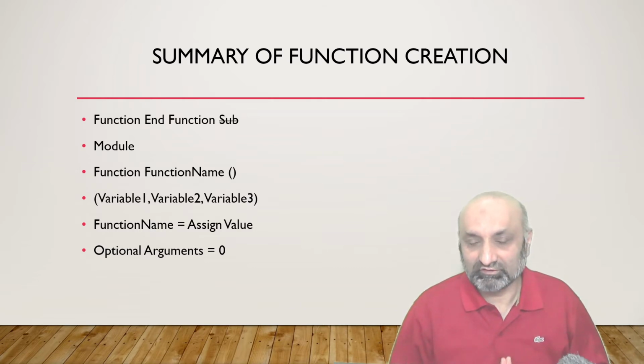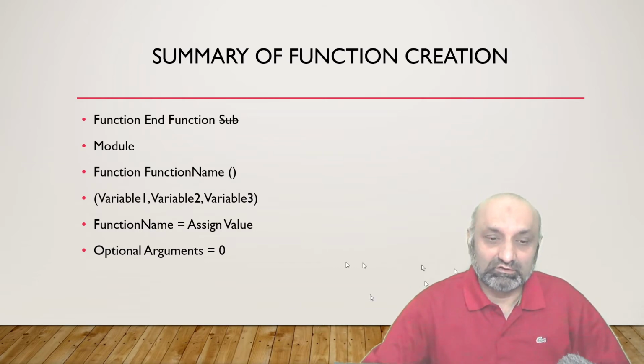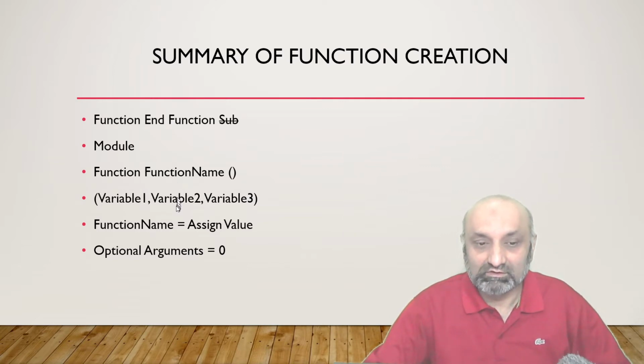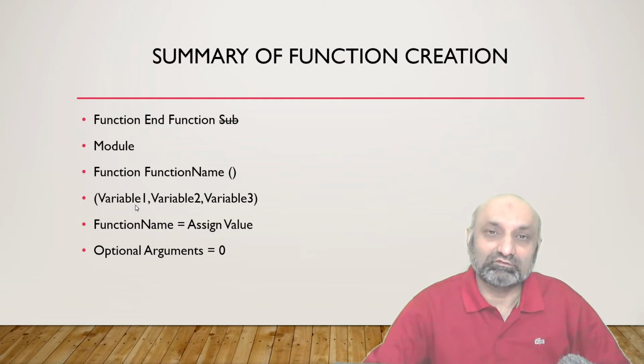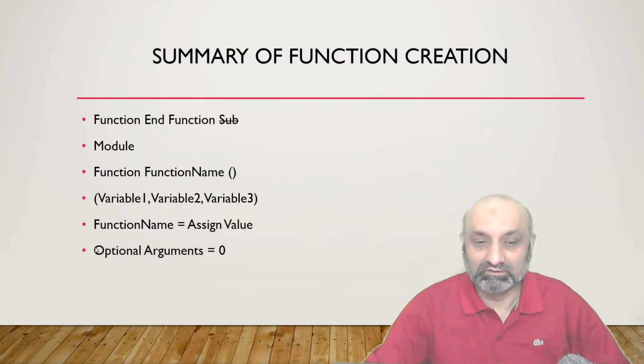After the word Function, we type the function name, and within the round brackets we define the variables. If there is an optional variable, we write Optional with that variable, and if we want to do some calculations, it is required that we assign an initial value to such an optional argument.